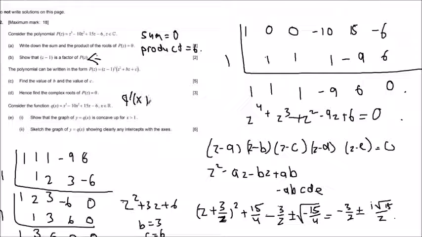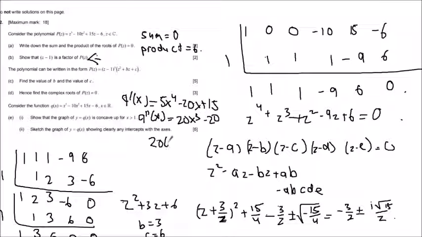q'(x) equals 5x to the 4th minus 20x plus 15, and q''(x) will equal 20x cubed minus 20.